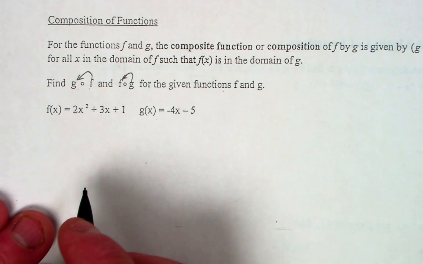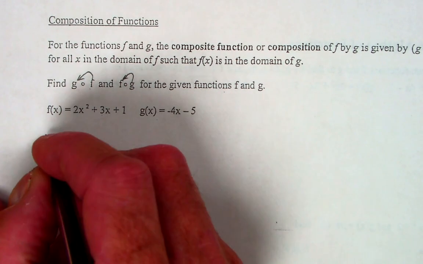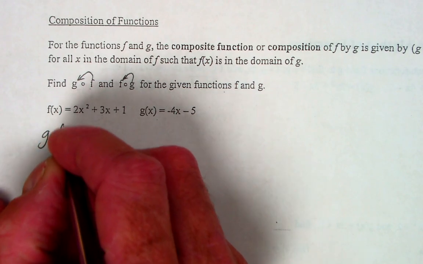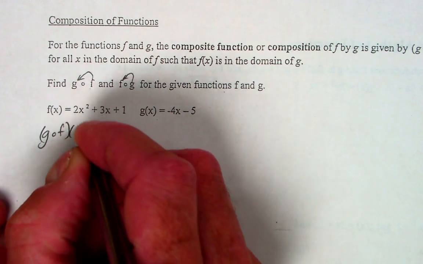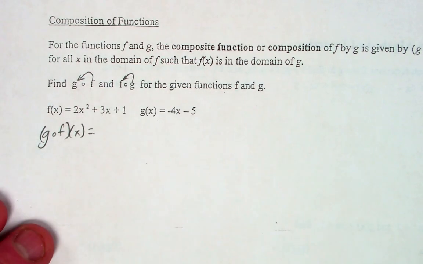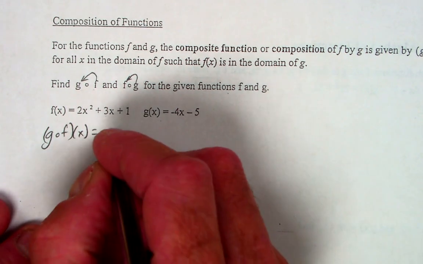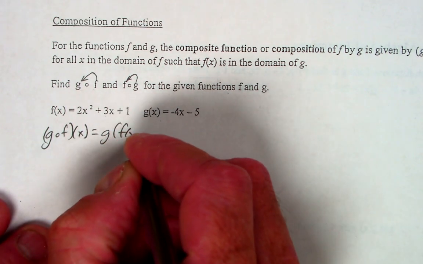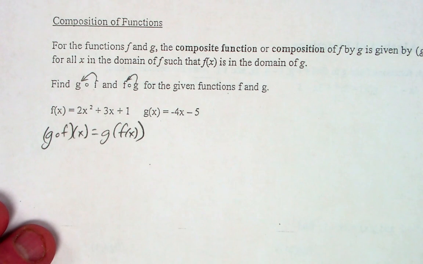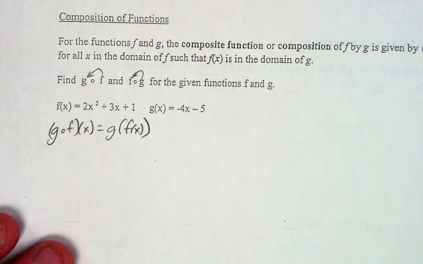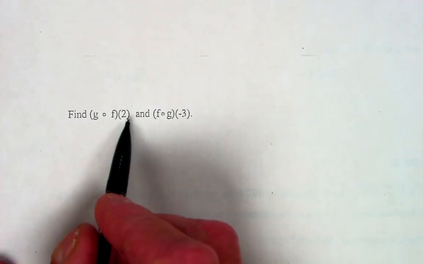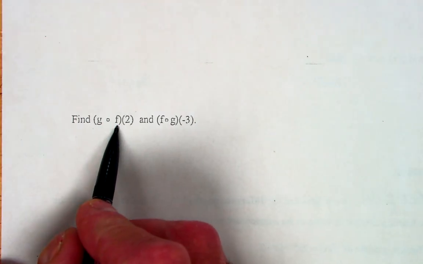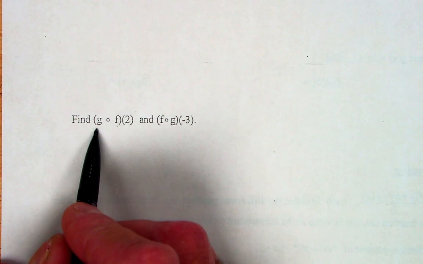Okay. So g composed with f. I prefer to think, okay, that right there is going to be g of f of x. So to do this in general, in terms of x, well, yesterday we took 2 and put it into function f and took that and put it into function g.